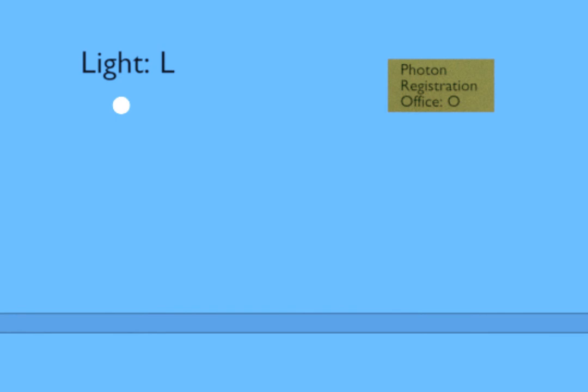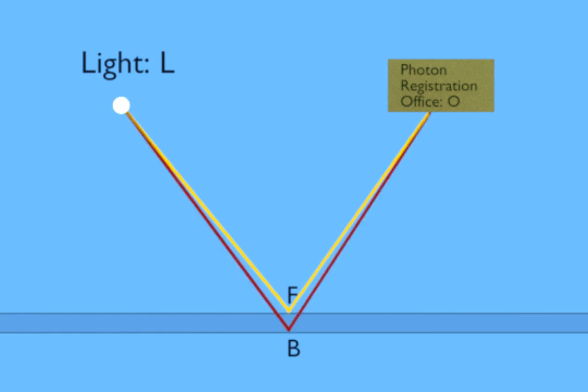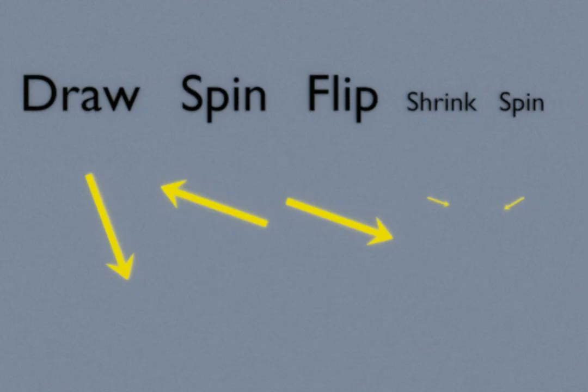The ways the photon can get from L to O are in this approximation mainly given by: a photon goes from L to F, reflects, and then goes back from F to O. Or a photon goes from L to B, reflects, and then goes from B to O. So we draw our arrows for the first way and combine them according to our rules.